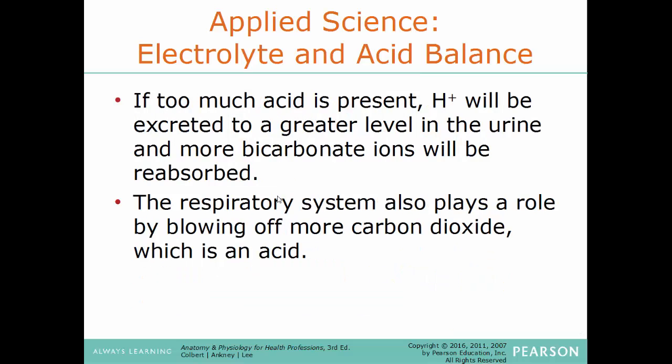If too much acid is present, hydrogen ions will be excreted to a higher level in the urine, and more bicarbonate ions will be reabsorbed to balance that out. The respiratory system will also play a role by blowing off more carbon dioxide, which is an acid. This also has a role in maintaining your pH balance.